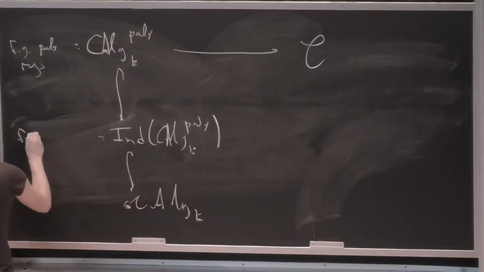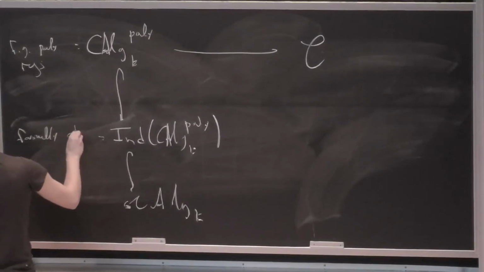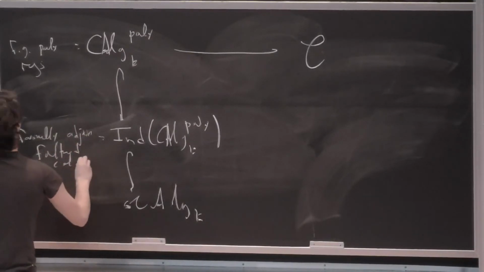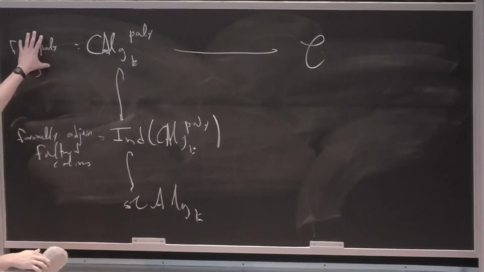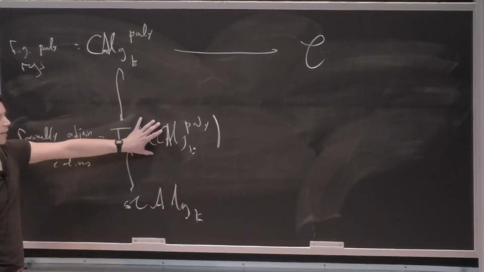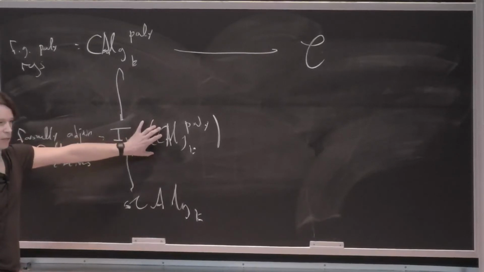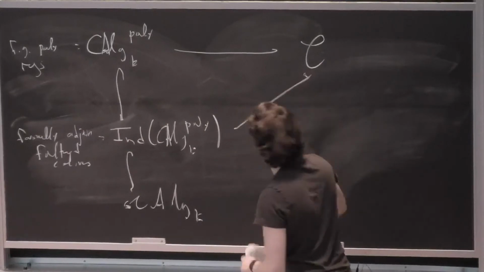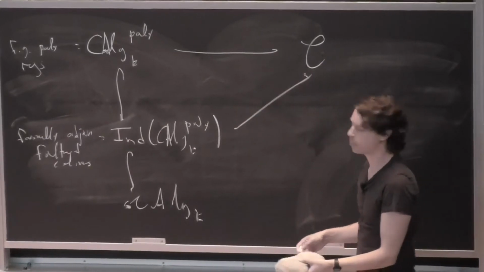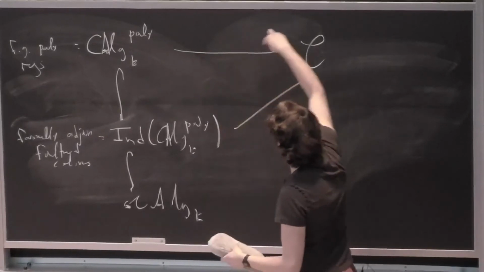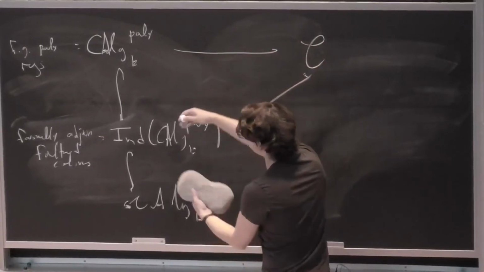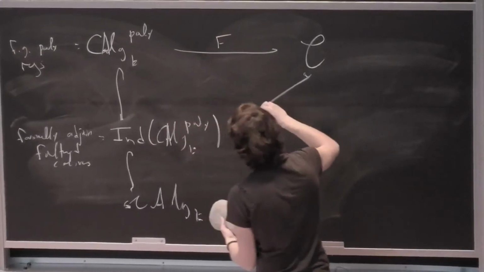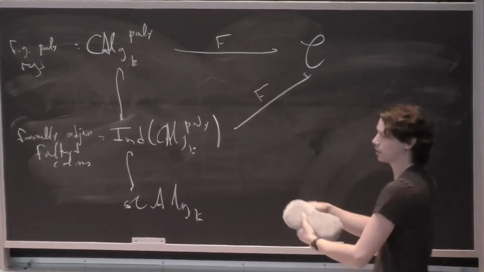So if I start with finitely generated polynomial rings, any polynomial ring on infinitely many generators is in here. Now, if C has filtered colimits, there's a unique functor here that just extends this, by applying it to some colimit diagram that gives you an object here. So let's call this functor F. I'm just going to call this also F because we've just extended by colimits.